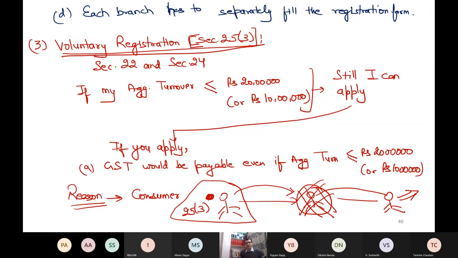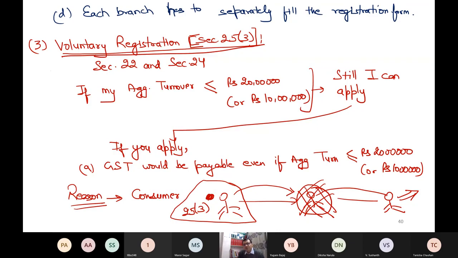So many times the consumer says, like for example, I most of the time say, or in fact you can say that I will always ask for the bill, that give me the bill, otherwise I will not purchase the goods from you, because I am willing to pay the tax. And why shouldn't I pay the tax? I should pay the tax keeping in mind the development and the expenditures which are incurred by the government on so many sectors in India.